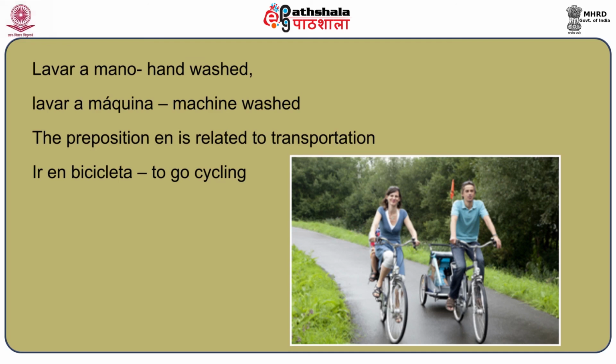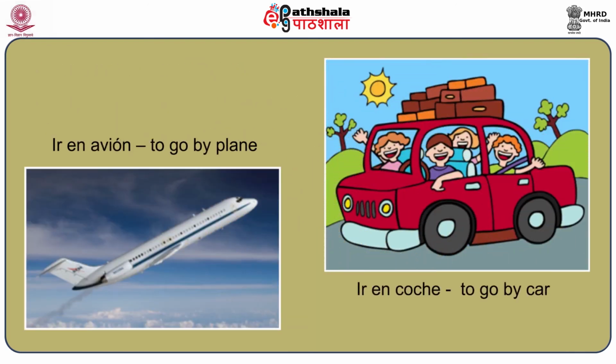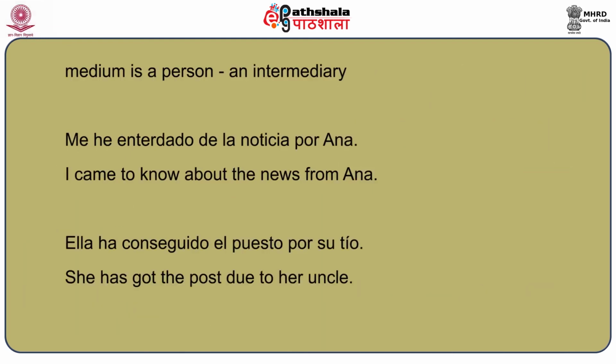The preposition en is related to transportation. Ir en bicicleta, to go cycling. Ir en avión, to go by plane. Ir en coche, to go by car. If the medium is a person, that is, an intermediary, then por is used.